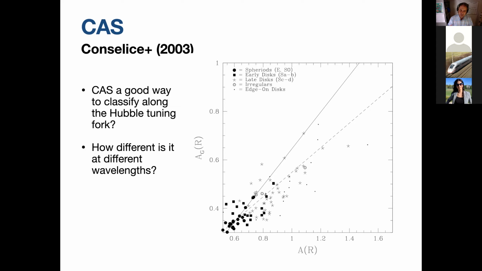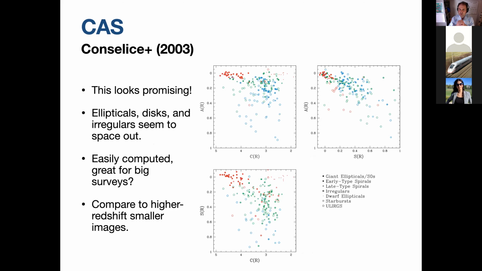So instead of doing this by eye with hundreds of galaxies, I simply get the new images and run them through my software. It has a certain CAS value, and that means it's an Sa. And how well does that change with wavelength? That's the other part he was trying to figure out. It looked really promising. The red galaxies are ellipticals, the blue galaxies are regulars and spirals, and then there are some ULIRGs, the ultra luminous infrared galaxies, which are often mergers.